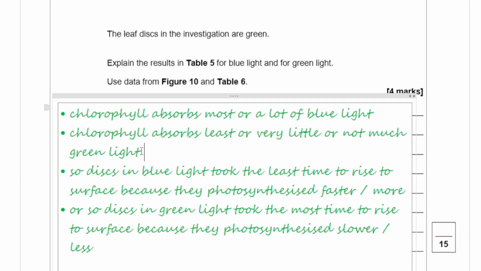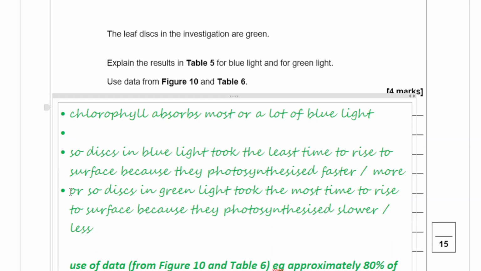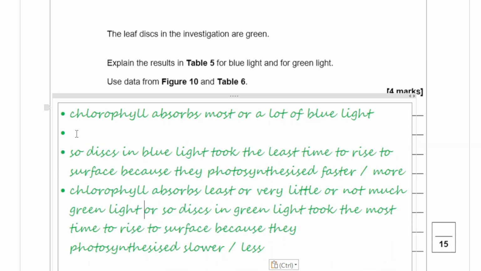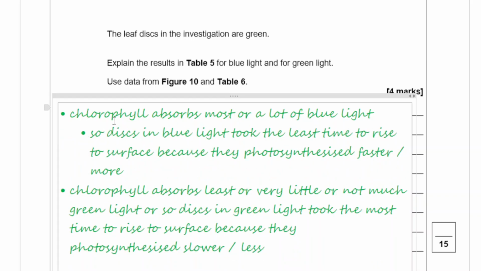So let me move these points, which makes it a bit more clear. Chlorophyll absorbs most or a lot of blue light. So discs in blue light took the least time to rise to the surface because they photosynthesize faster or more.